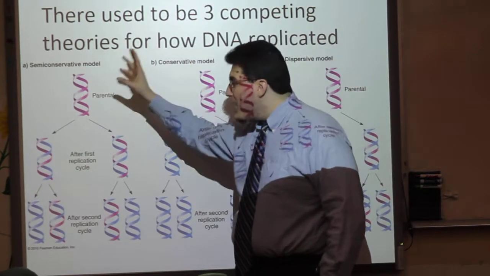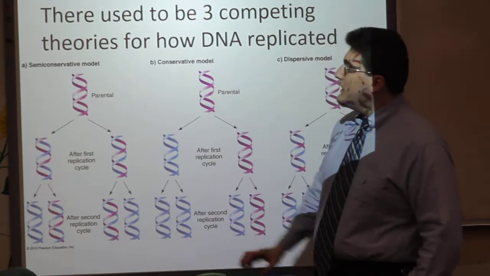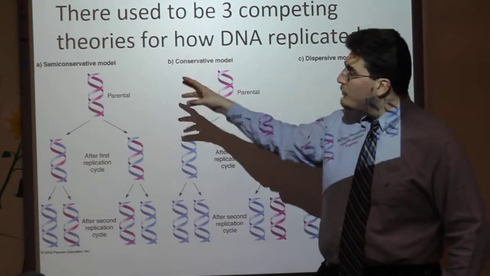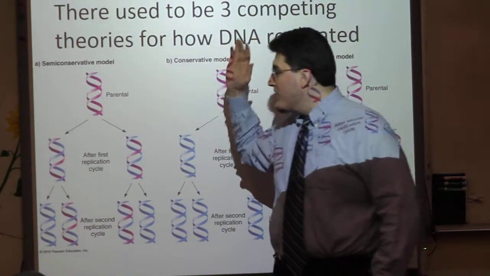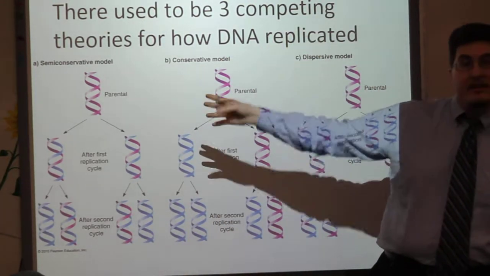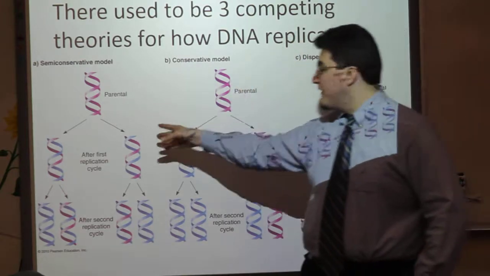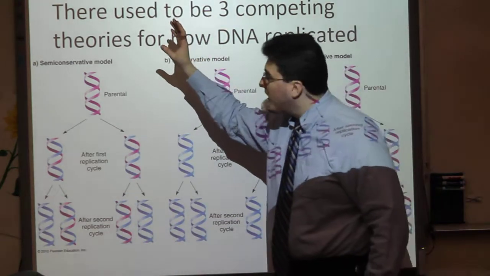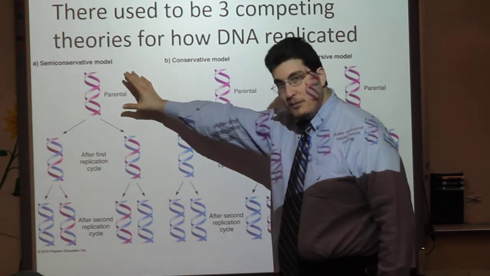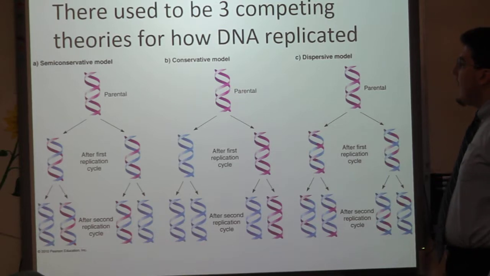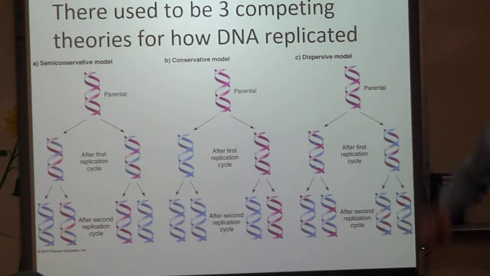Now, the semi-conservative model is the one that had the most evidence to support it, and therefore that is the one that we know and believe. We have evidence that the semi-conservative model is true, so we believe it to be true. The conservative model and the dispersive model lack evidence, so we do not believe they are true.